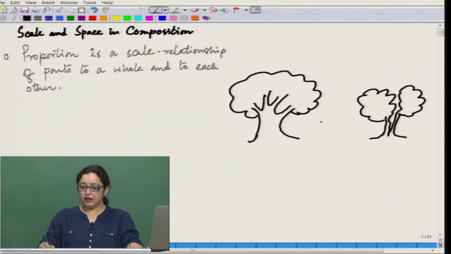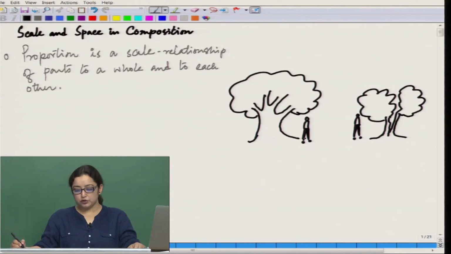Now, when we make a human form that is this much in size, the size is not changing in proportion to the tree.